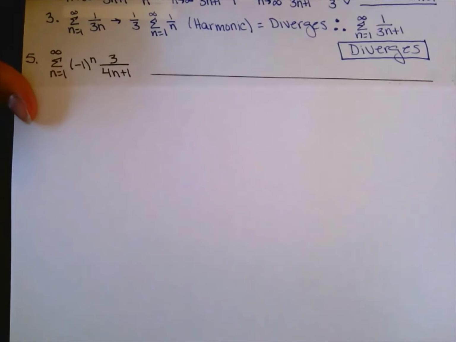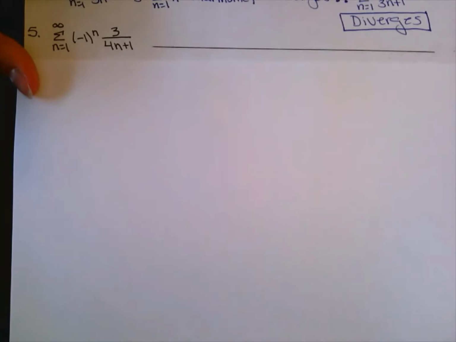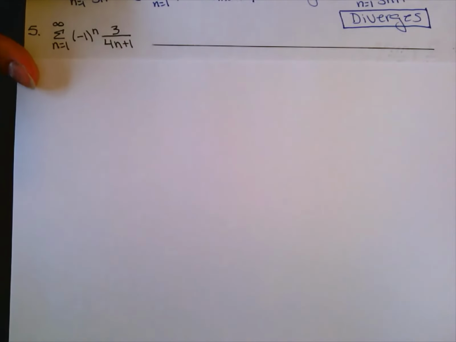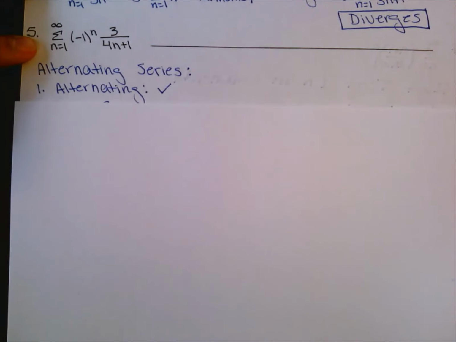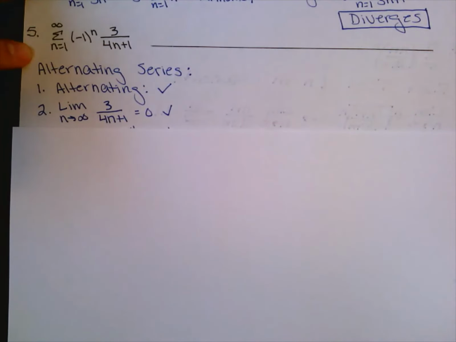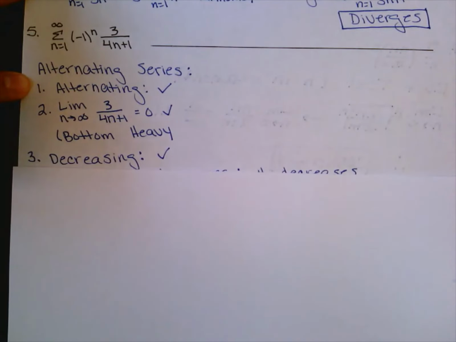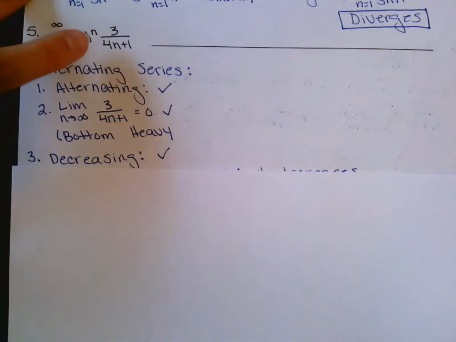Taking a quick look at this, I automatically see that -1 raised to n, which means that I want to test alternating series first, okay? So alternating series, you have to confirm that it alternates, which I can by that, okay? I want to test that the limit to infinity equals 0. It's bottom heavy, it does. And then step 3, I want to prove that it is decreasing, okay?